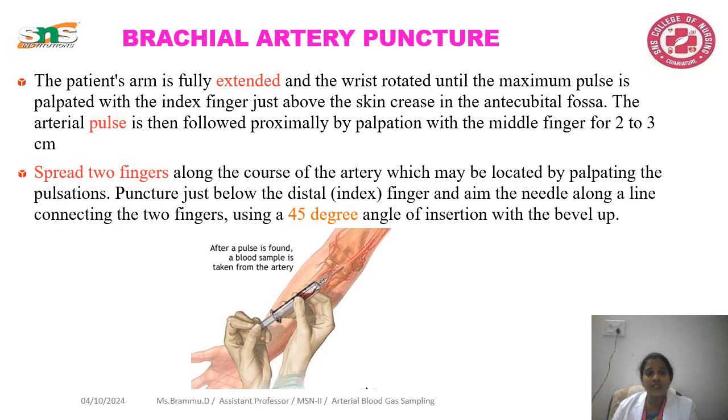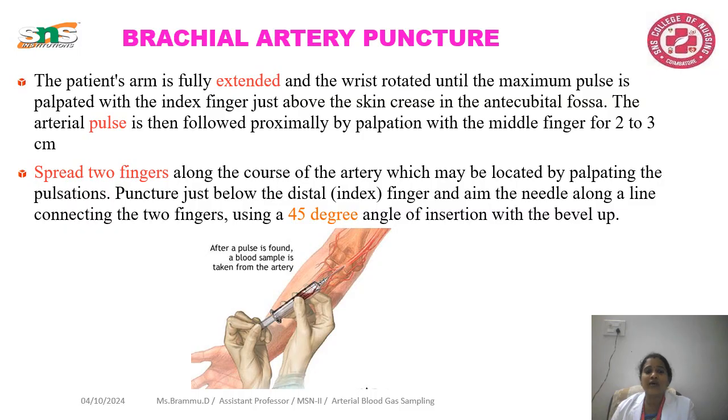The other two sites are the brachial artery puncture and the femoral artery puncture. For the brachial artery, the patient's arm is fully extended and the wrist is rotated until maximum pulse is palpated with the index finger just above the skin creases in the antecubital fossa.